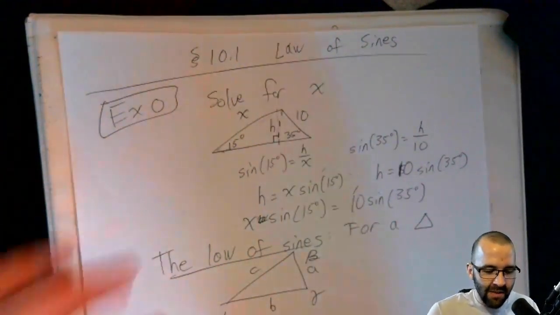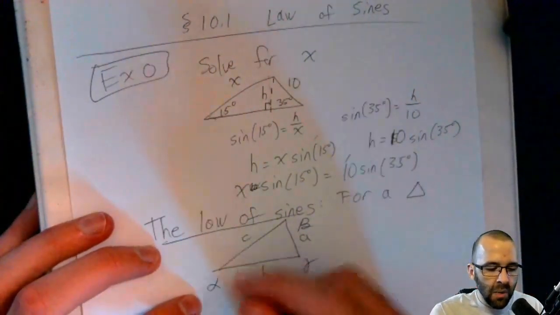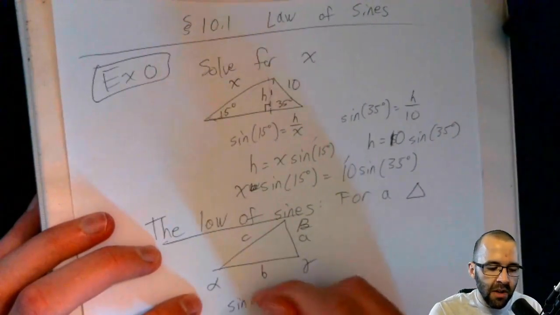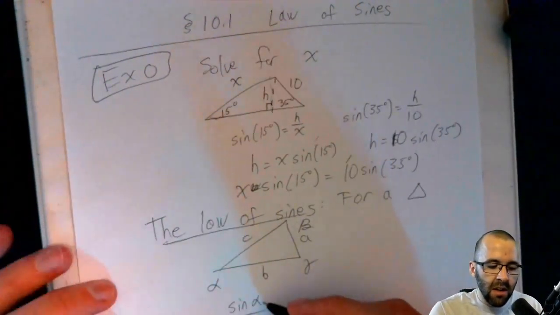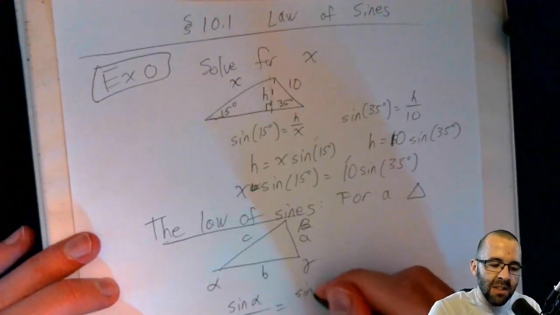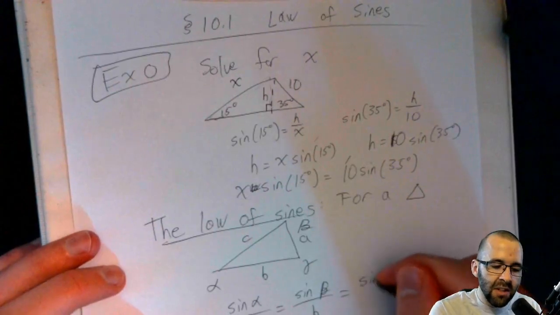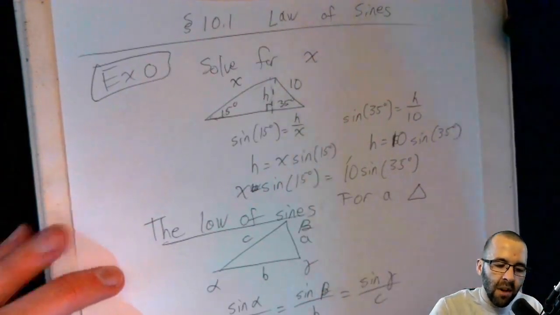Getting the pattern here. Then we know a couple things about this triangle. We know that the ratio of the sine of alpha over A is the same as the ratio of the sine of beta over B, which is also the same ratio as the sine of gamma over C.